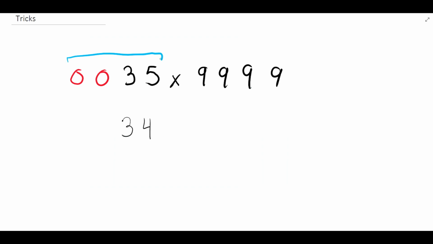So we can't subtract from 100. We subtract from 10,000 instead to give us the correct solution. So you get 9965.